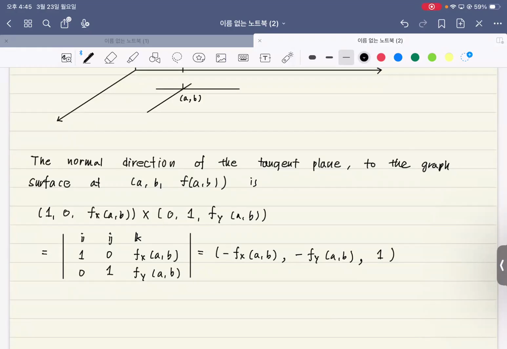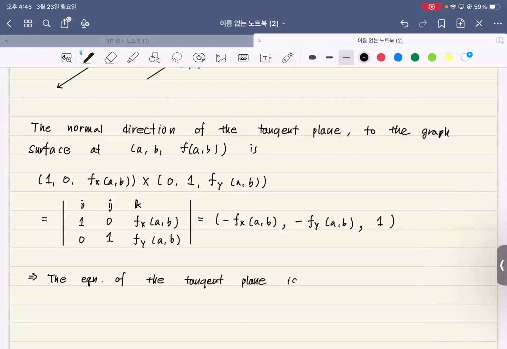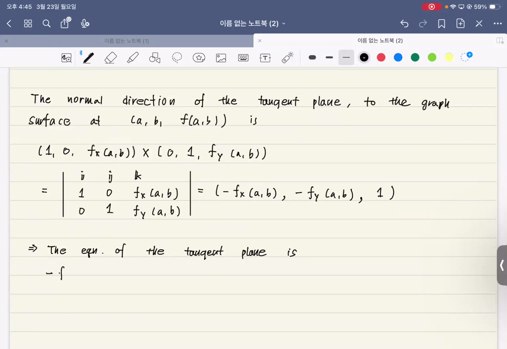Okay, now we are ready to find out the equation of the tangent plane at this point. So the equation of the tangent plane is minus fx(a, b) times (x minus a). Sorry, I just realized I ran out of room.